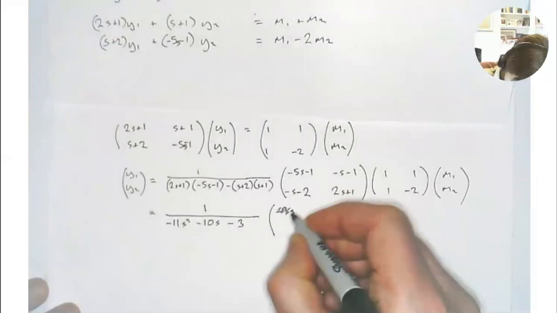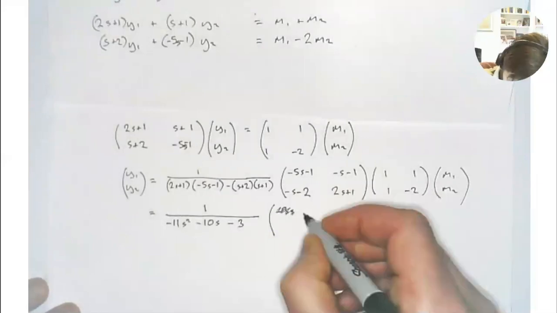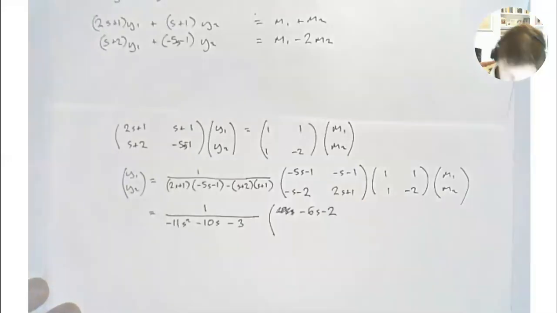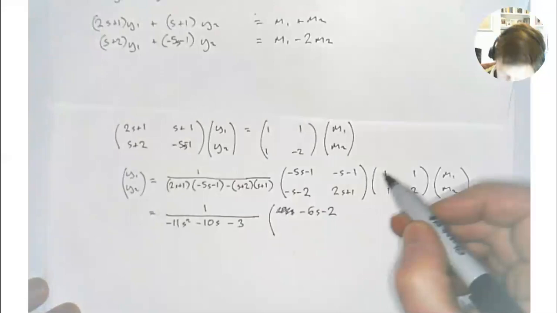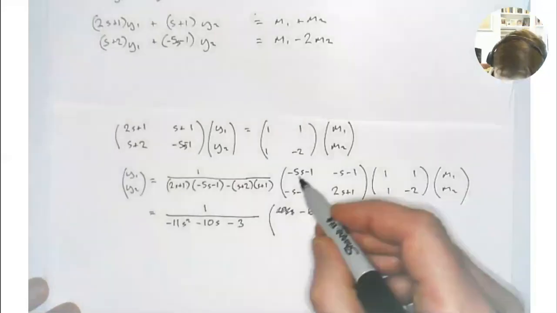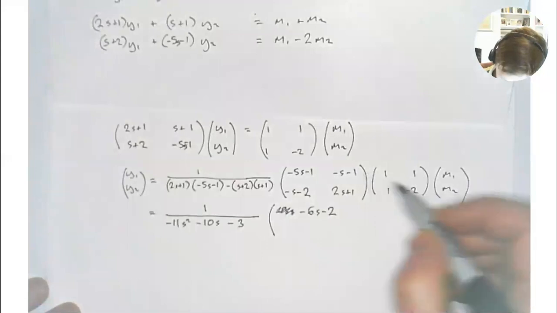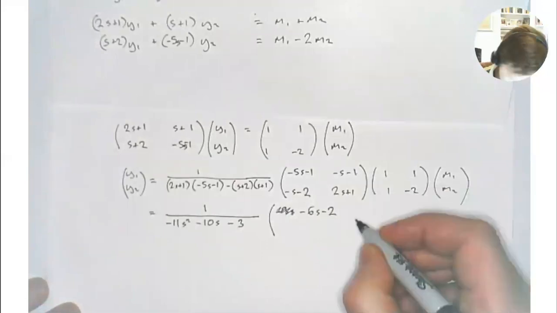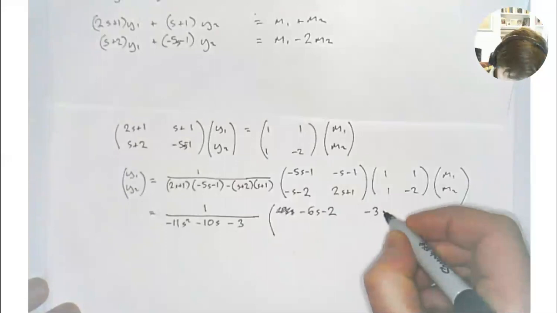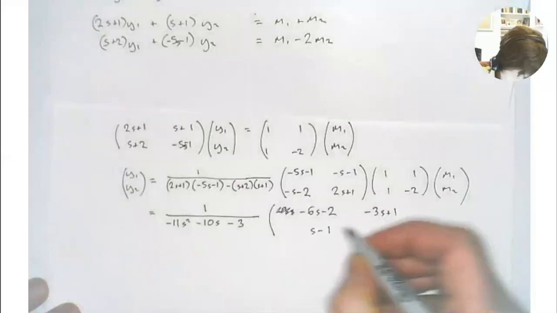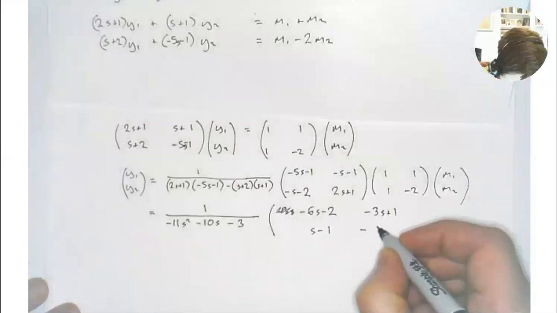That's going to be minus 5s minus s, that's minus 6s minus 2. And then we have this one, minus 5s minus 1 multiplied by minus 2 times minus s minus 1. And you work that out, it's minus 3s plus 1, and so on. You get s minus 1 minus 9s minus 4.